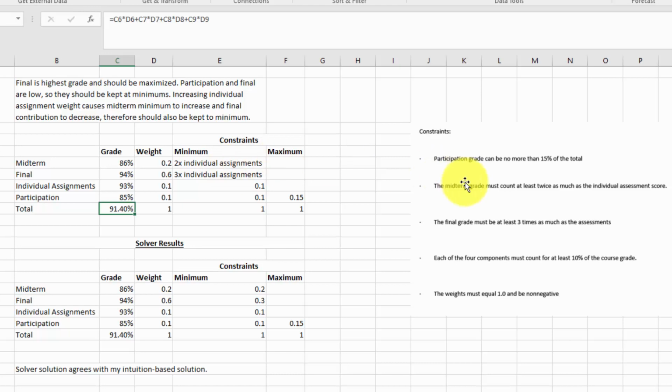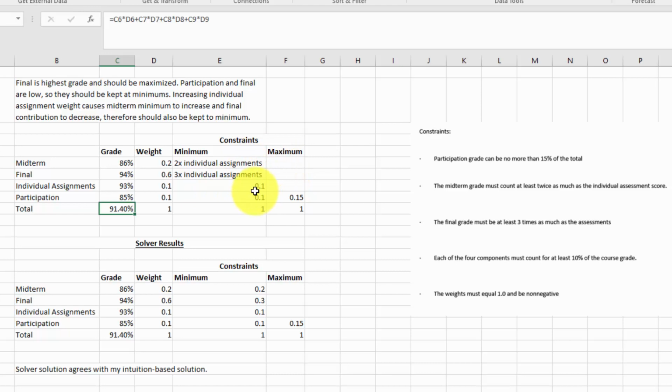And that was what you had over here. The midterm must count twice the individual assessment. The final has to be 3 times the individual assessment. But on both those two, there's no maximum stated. It can be theoretically 100% of the final grade.